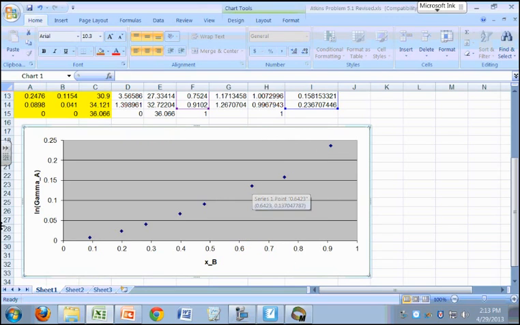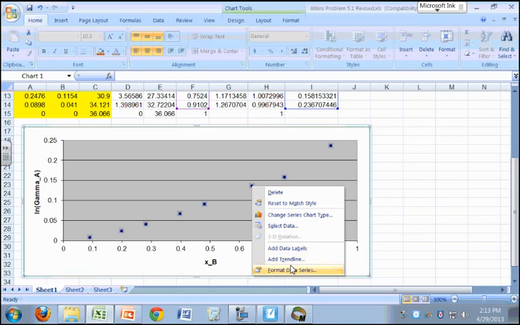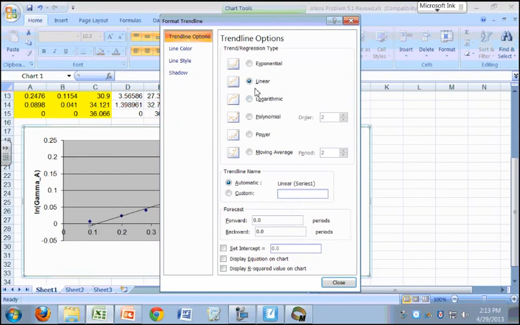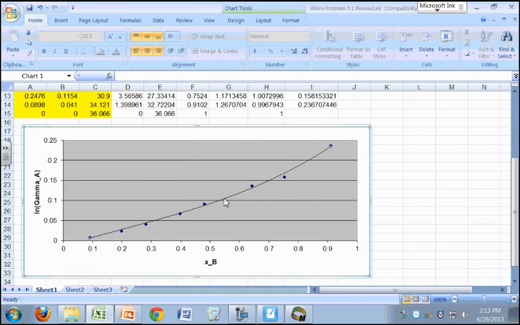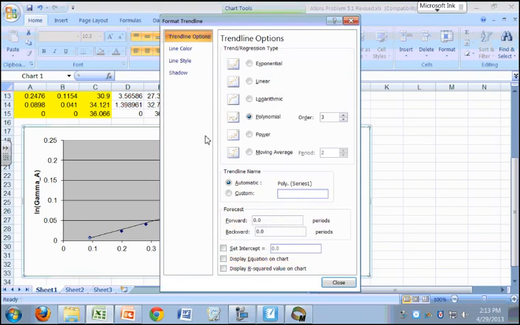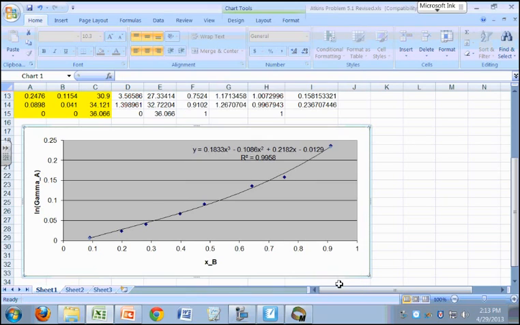Once you've graphed it, you just right-click, add a trend line, and choose a polynomial trend line. You can do a third-order or second-order polynomial, and then format the trend line to display the equation on the chart and the R-squared value so you can see how well it fits.